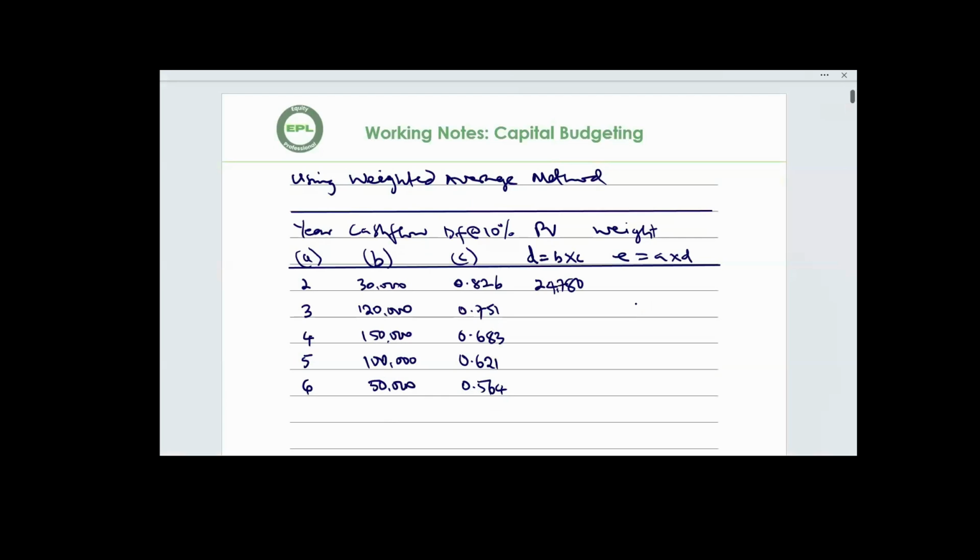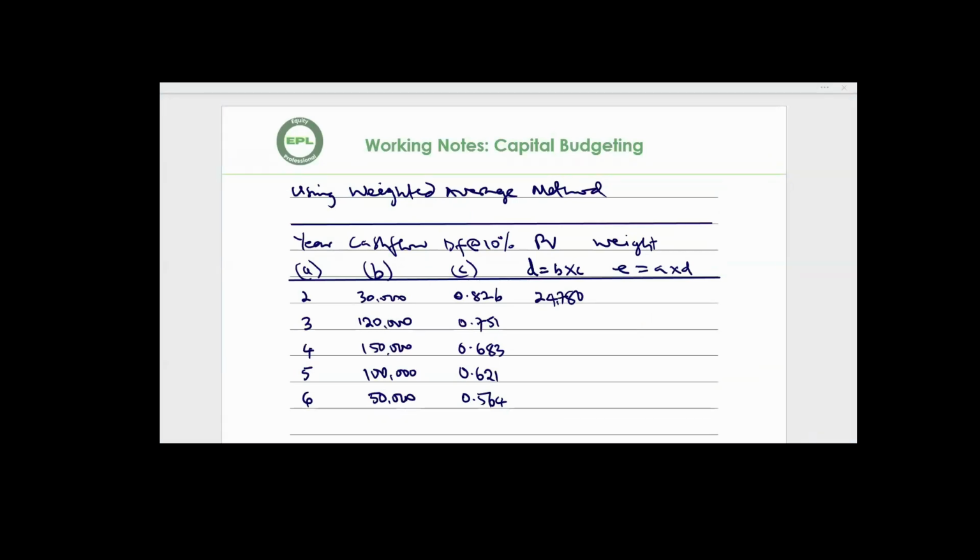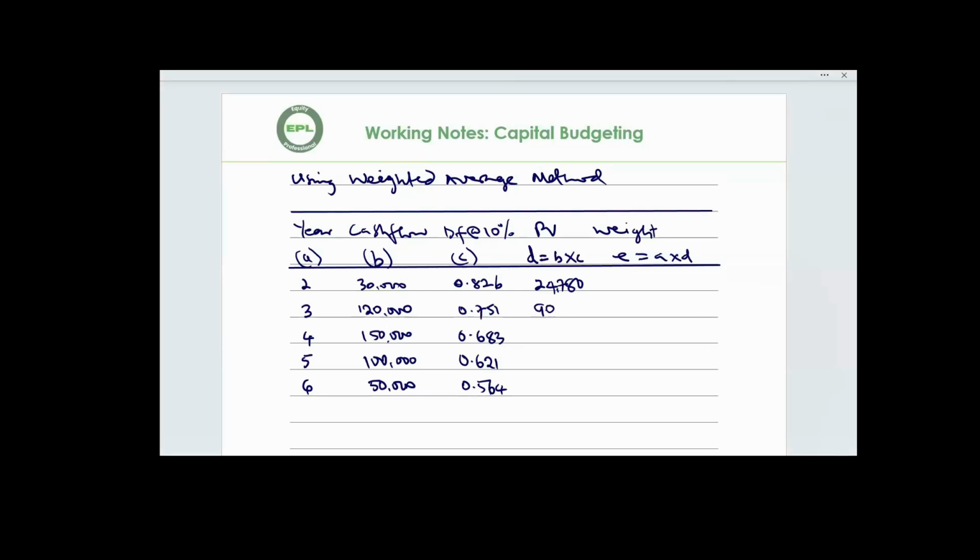For year three, cash flow 120,000, present value is 90,120. Year four, 102,450. Year five, 62,100. Year six, 28,200.